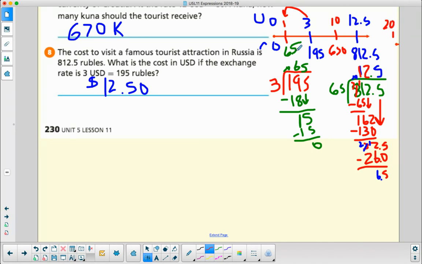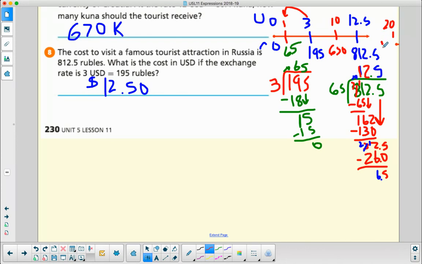65 multiplied by 20, well, 60 times 20 is 120. 5 multiplied by 20 is 100. I did something wrong. Oh, 60 multiplied by 20 is 1,200. 20 multiplied by 5 is 100.